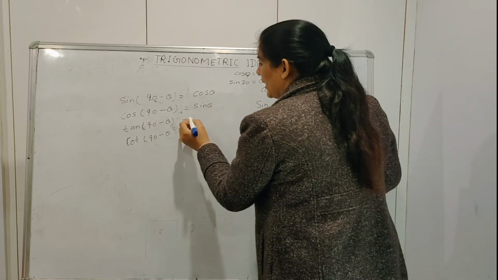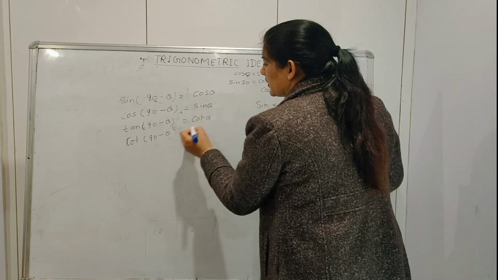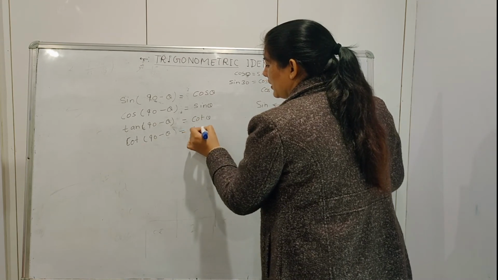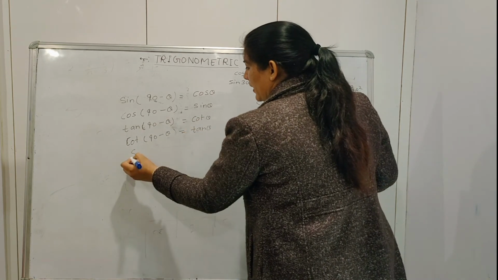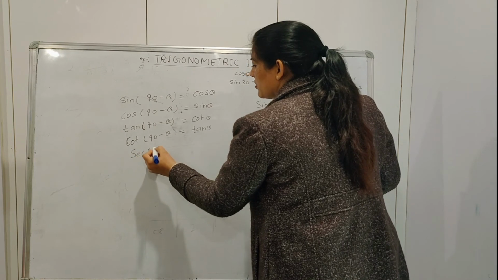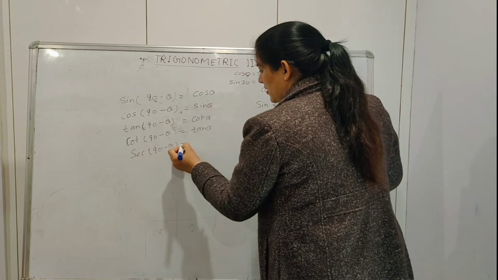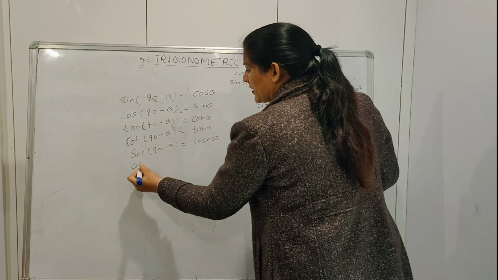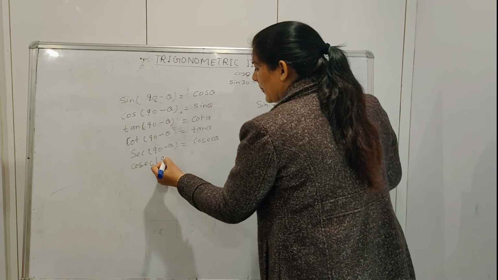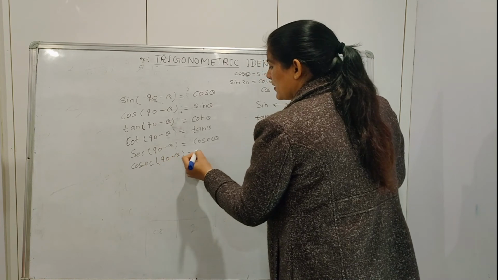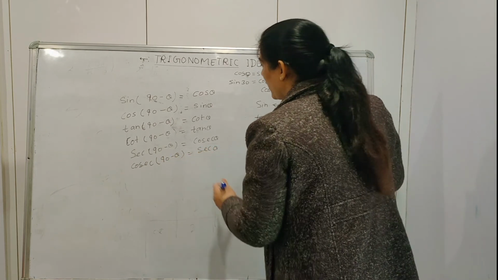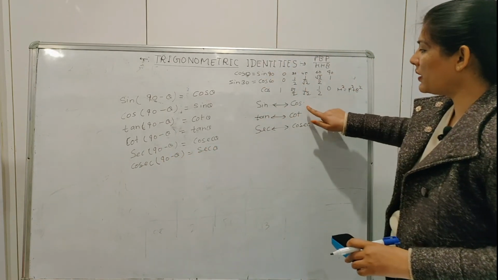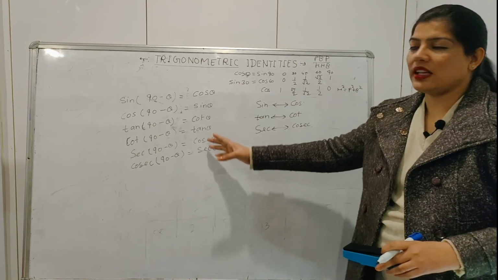So tan 90 minus theta is equal to cot theta, cot 90 minus theta is equal to tan theta, sec 90 minus theta is equal to cosec theta, and cosec 90 minus theta is equal to sec theta.